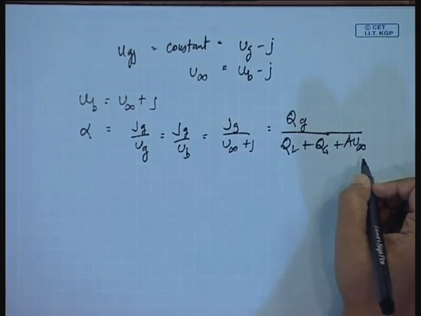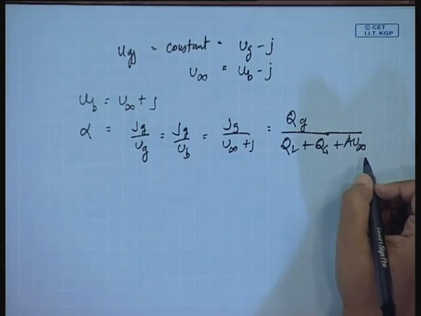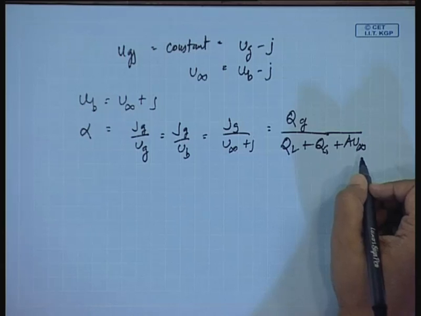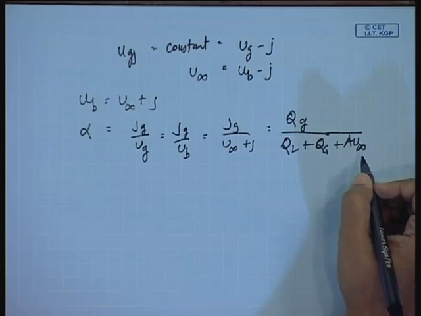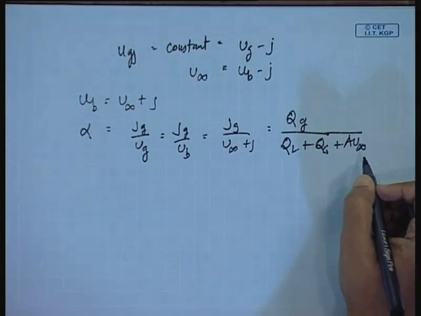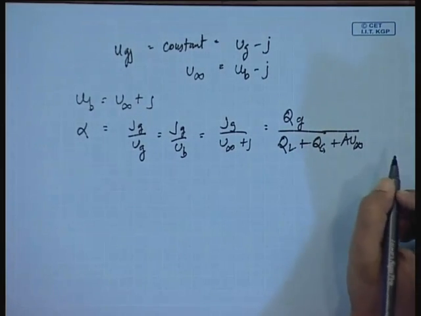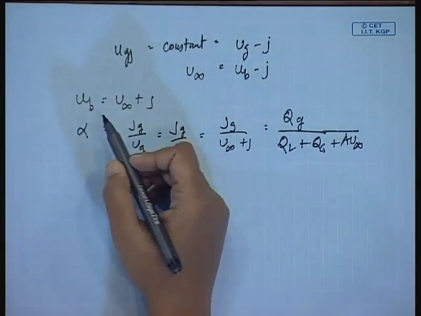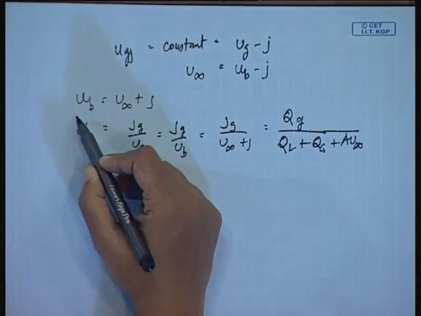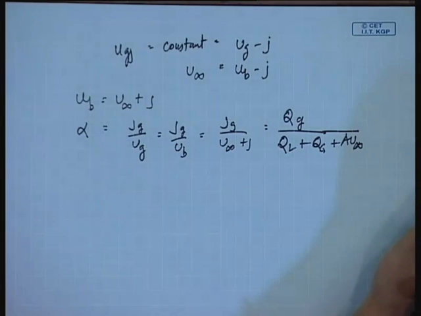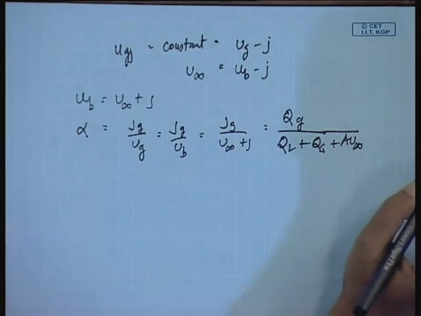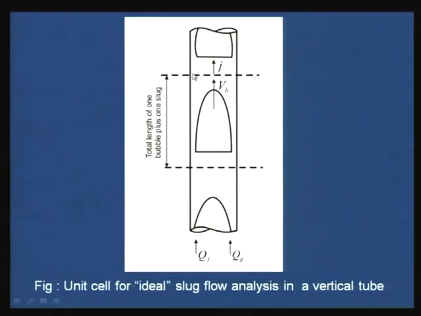Okay. Now, that time itself I had told you that the situation is not as simplified as I had mentioned it. There have to be several corrections under different flow circumstances. For example, the first thing which comes to mind is, we had assumed that the bubble rise velocity is equal to u infinity plus j. What do we assume? That the entire liquid in front of the bubble flows at the same average velocity j, but usually it does not happen.